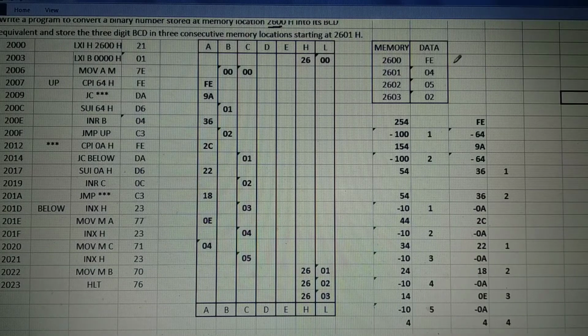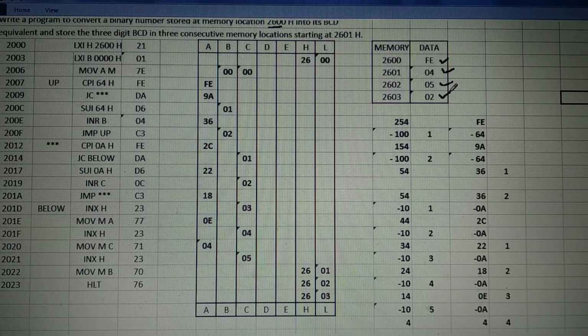Here, suppose in memory location 2600 the number FE is there. You have to convert this number in terms of BCD, and in consecutive memory locations, first you have to store the value of unit place, the value of tens place, and the value of hundred place.